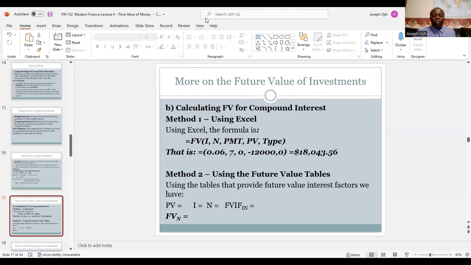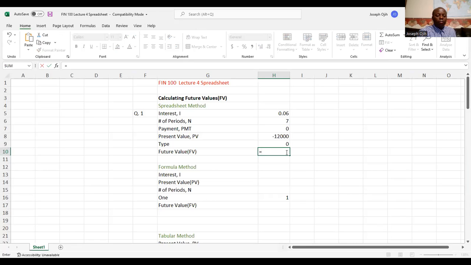Okay, so let's solve it. You have equal, future value. Okay, it is showing here. Now for rate, this is the interest rate. Click 6%, comma, number of periods, that's the number of years. See NPER, that means number of years. Click on 7, comma.